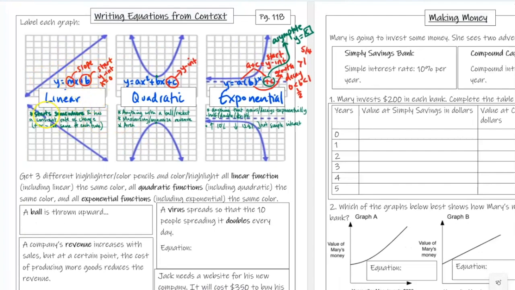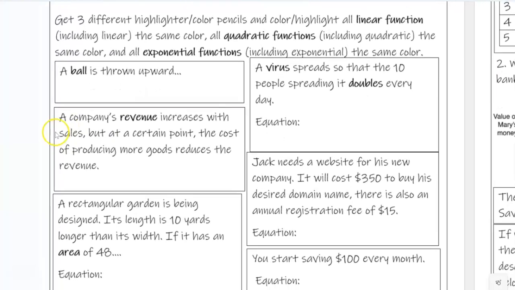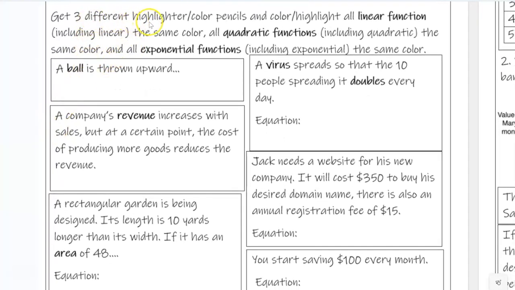All right, so now that I've gone over what it looks like as a picture, what it looks like as an equation, what you're looking for in context, you are now going to do this to check your understanding. Get 3 different color highlighters / color pencils and color and highlight all your linear functions, including linear, the same color. All quadratic functions, including quadratic, the same color. And all exponential functions, including exponential, the same color. So what do I mean by this?